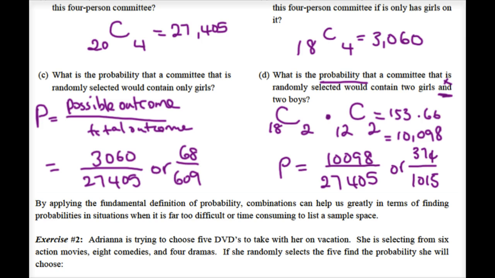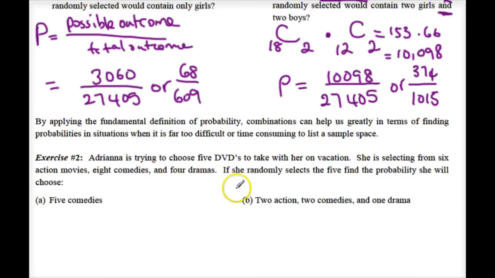So by applying the fundamental definition of probability, combination can help us greatly in finding probability in situations when it's too difficult or time consuming to count. Because we could have done this by counting, but would we be able to count 27,405 possibilities? That's way too much.